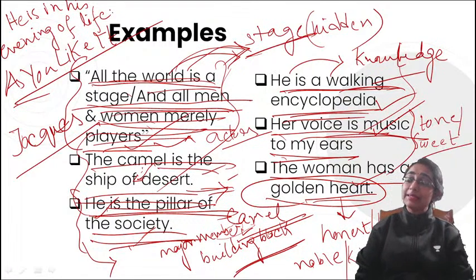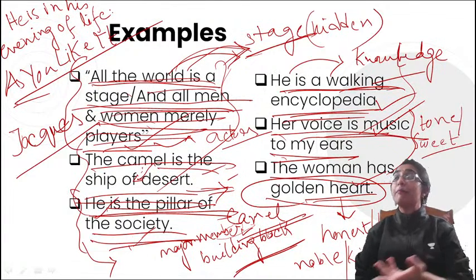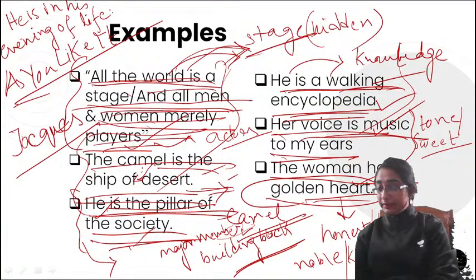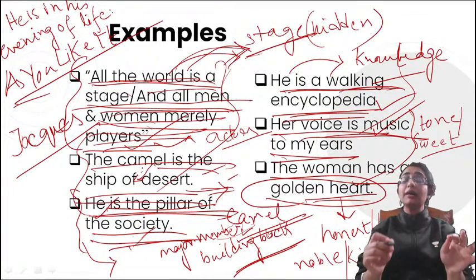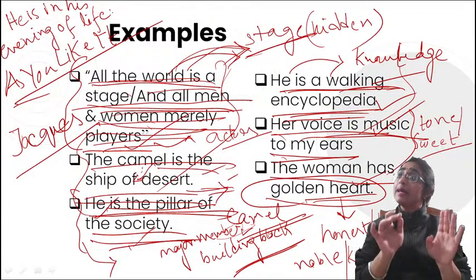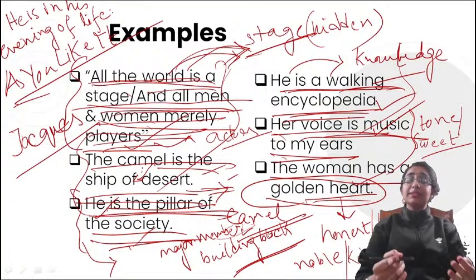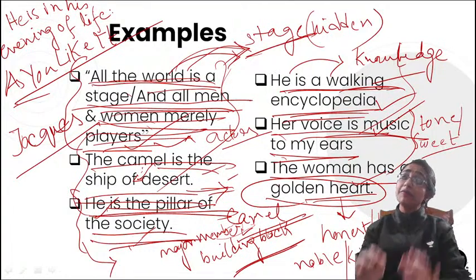In the previous example, I said the child shows the man as morning shows the day. There the word as is mentioned. That is why the comparison is explicit. It was an example of simile. But in this case, I am saying that he is in his evening of life.